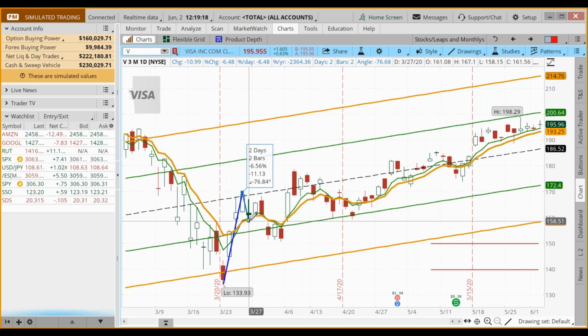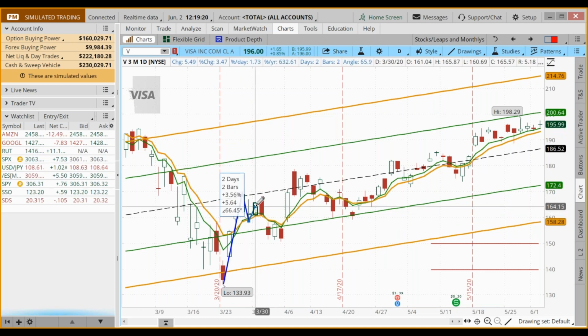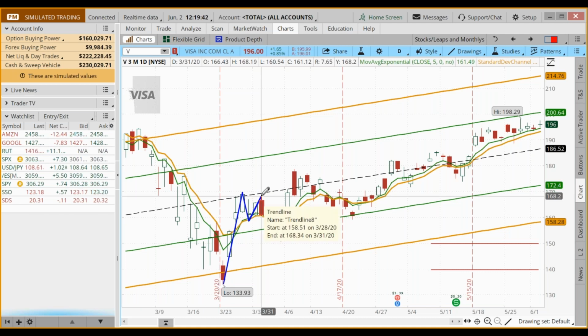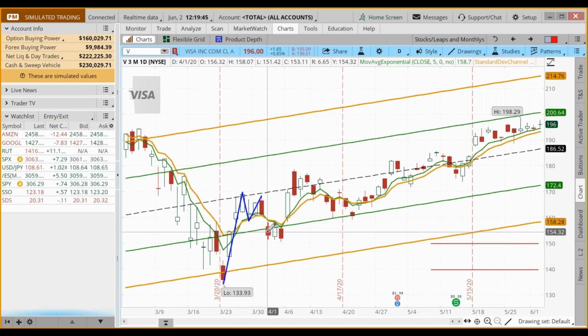It came down here, then it came back up, but didn't make a higher high over here. If it would have come all the way up here, that would have been the first measured move. It did not. It made a lower high. Then with this guy right here, it made a lower low. That is a measured move to the downside.